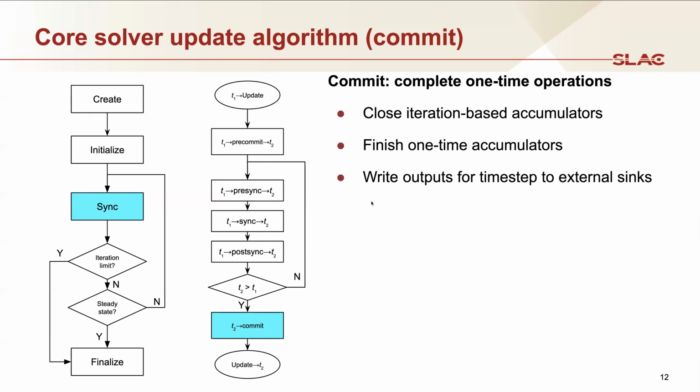So it'll close iteration-based accumulators and wrap up any information needed in one-time step accumulators, and write outputs to external sinks, CSV files and so on and so forth. And so this is basically the final step in a time step. And once that's done, then the entire update process is finished, and the main synchronization loop is done. And then we can consider advancing to the next time step if that's necessary.